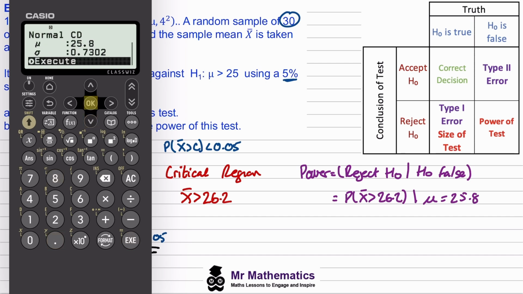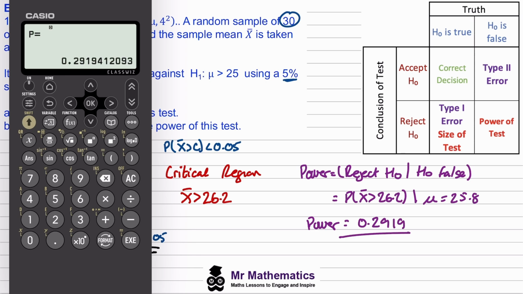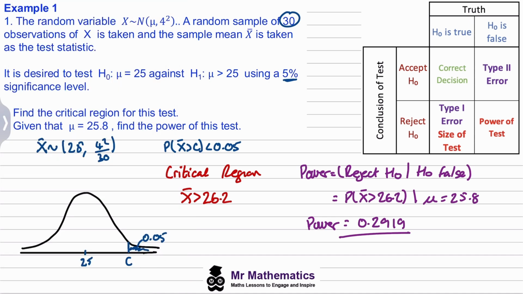If we execute that, we get the power of the test to be 0.2919. What that tells you is there's just over a 29% chance that if the average is 25.8, we will reject the null hypothesis. In the next question, we're going to look at a binomial distribution.